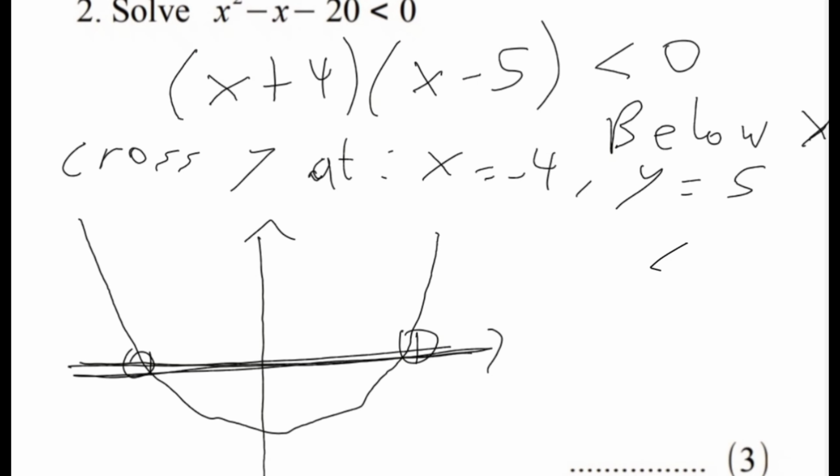Indicate the 2 points that are there. And we can see this time it's below the ground. So first, let's look at point x equals 5. Is the graph going below the ground or above the ground? Well, you can see it is continuing above the ground, so therefore x has to be less than 5.